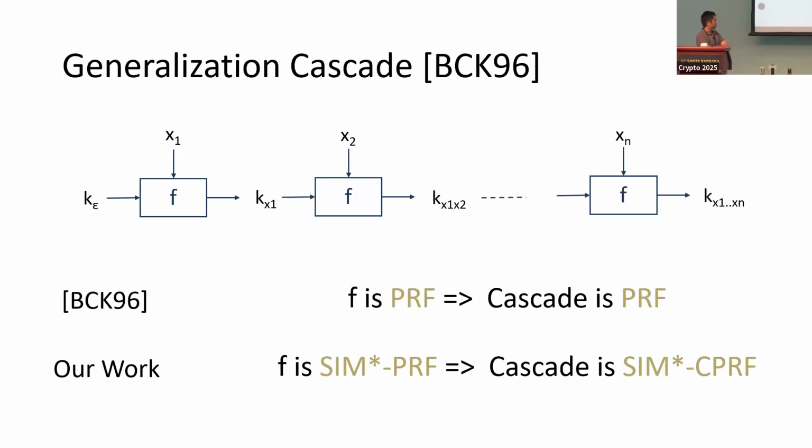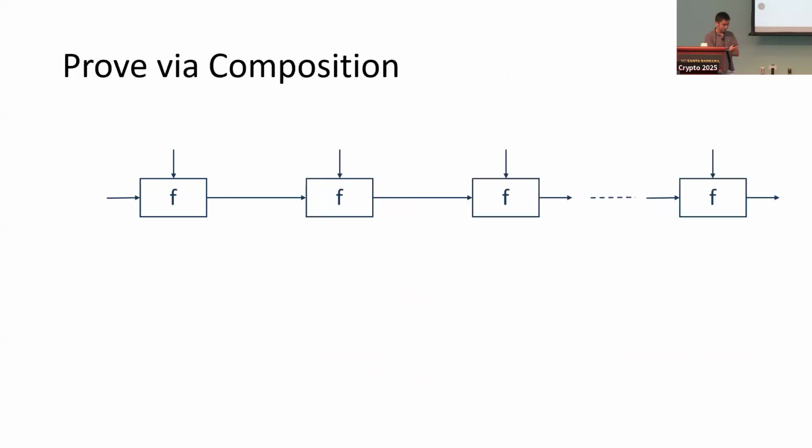Early work showed that the security of cascade directly followed from the security of the inner F. We similarly show that F being a PRF implies that the cascade is a secure constraint PRF. In terms of proof, we found it hard to prove the whole thing in one go.